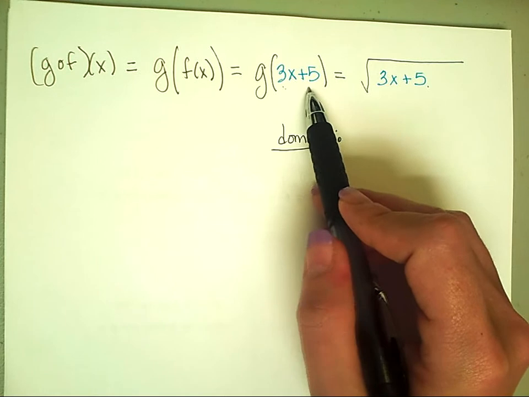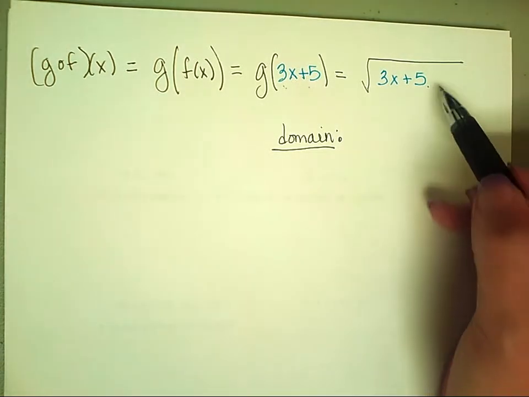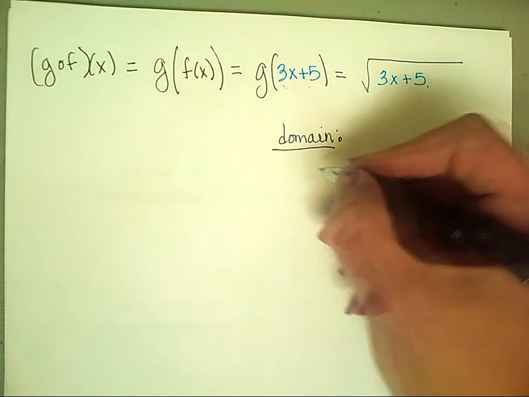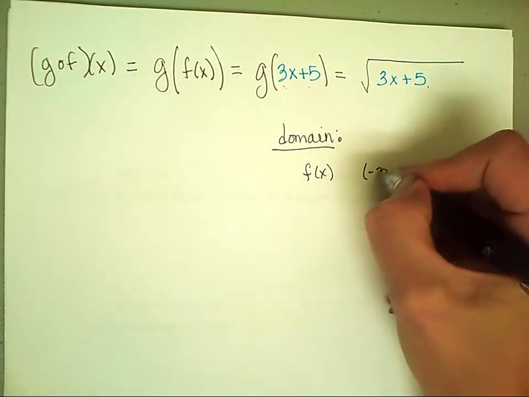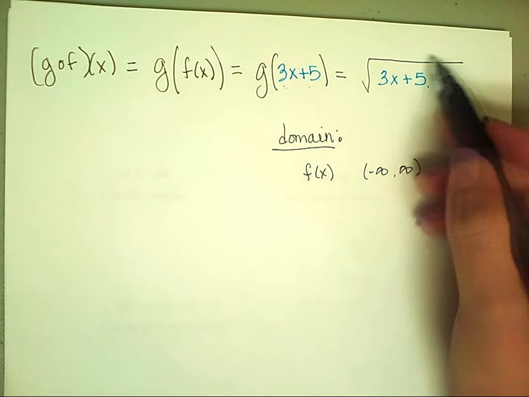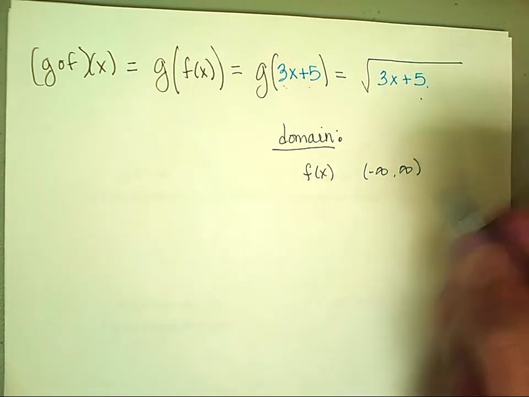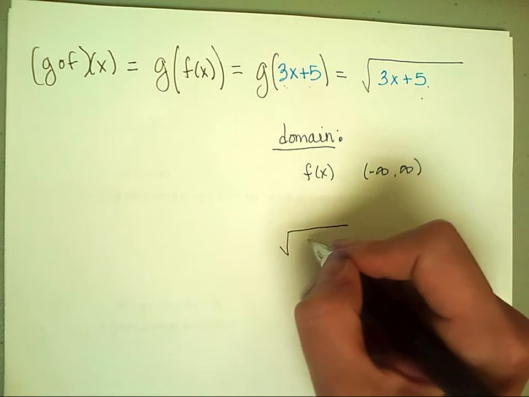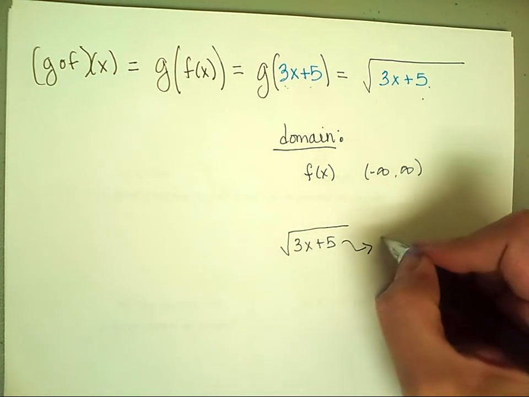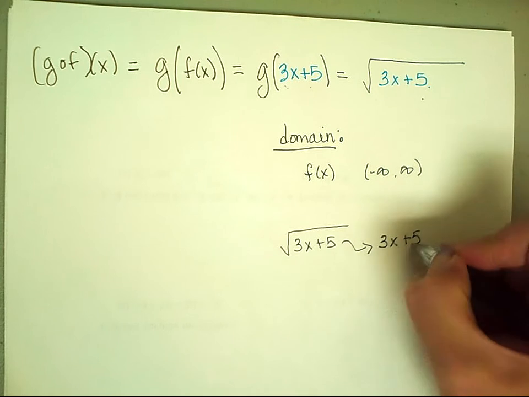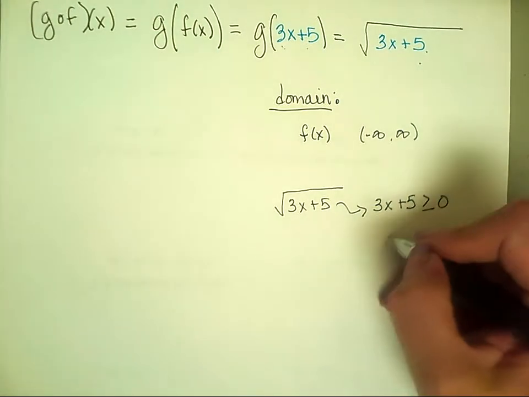Into g I put f, which is a polynomial, and its domain is all real numbers. So for f of x, the domain was all real numbers. But when we look at this now, we no longer have a polynomial. So we know that the domain for the composition is that whatever's underneath this radical has to stay greater than or equal to 0.